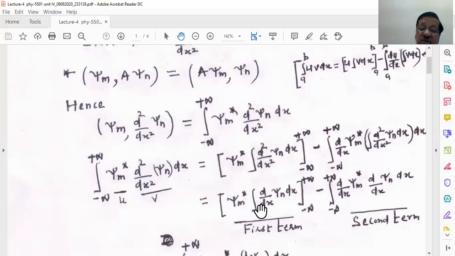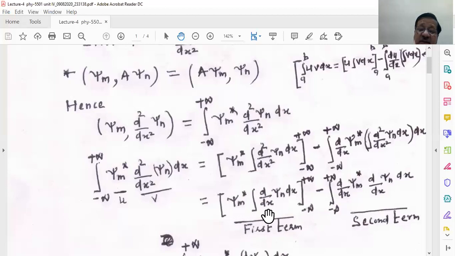So if you solve this term, please remember, even if you do not solve this part, look at this psi star. This psi star at one end plus infinity, the extreme end, and psi star at minus infinity. So the wave function psi m at infinity is zero. So this term disappears.